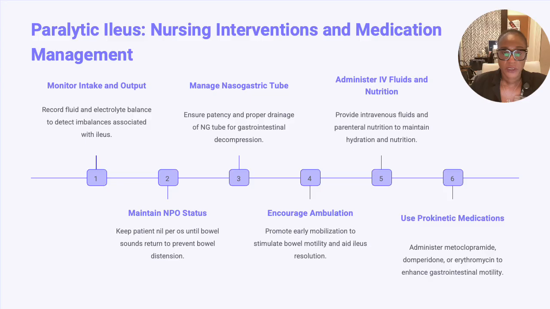We also might want to look at administering medication as prescribed to increase intestinal motility and secretion. For example, metoclopramide, which is used for increasing gastric motility.